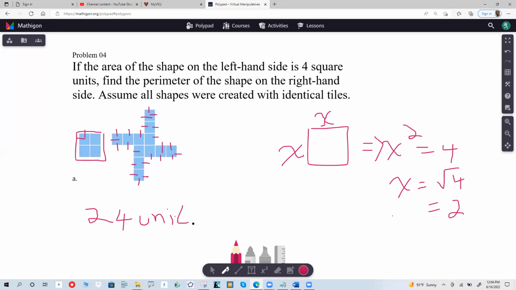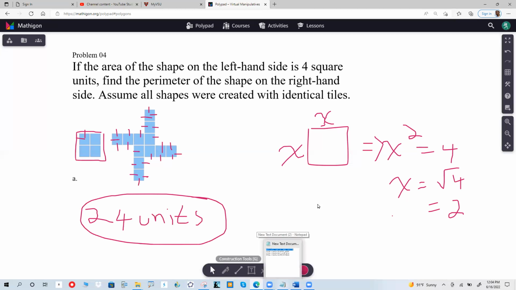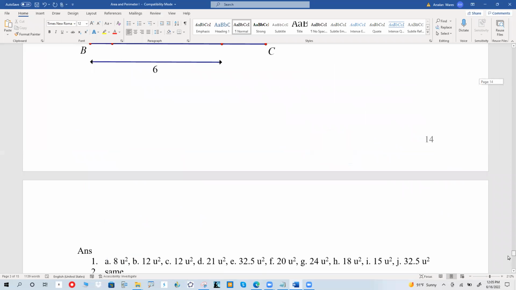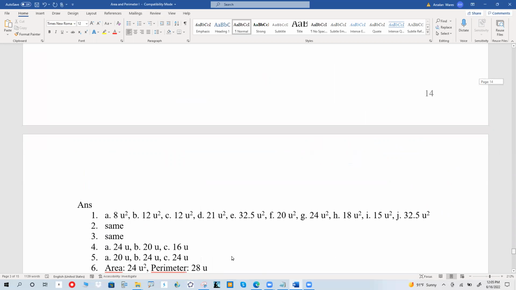And I'm going to check my work. Let me count it once again before I check. I think that's right. Number 4, part A. Yeah, we got it right.